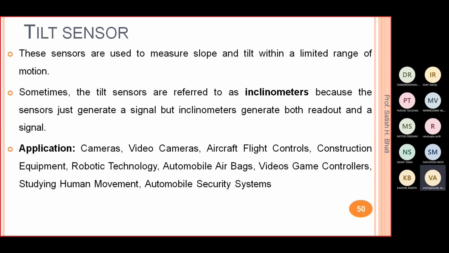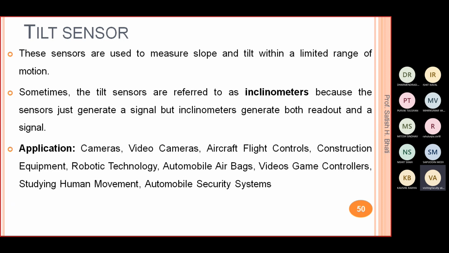An inclinometer generates both a readout and a signal. Not only does it generate the signal, but you will also see the incline value, on a display kind of thing where you read the readings.